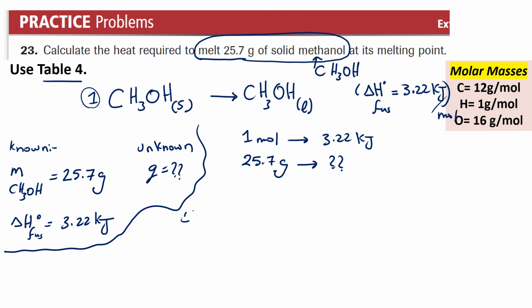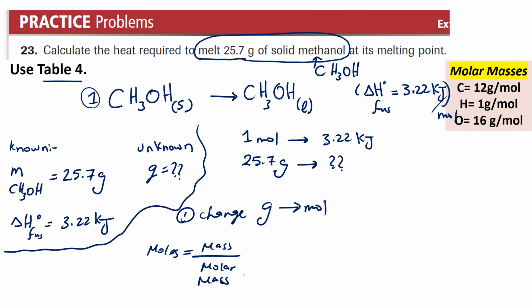So first, we need to change grams into moles, صح؟ So moles equals mass over molar mass. طبعا ال CH3OH المولر ماس تبعتها بتكون 12 زائد 4 زائد 16 اللي هي تساوي 32 gram per mole.